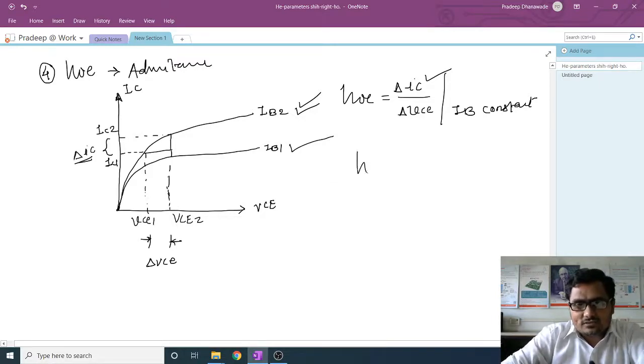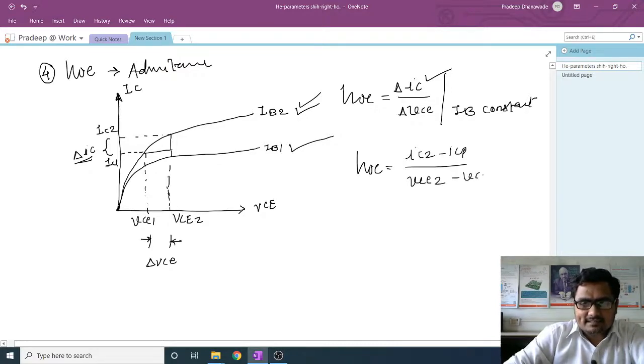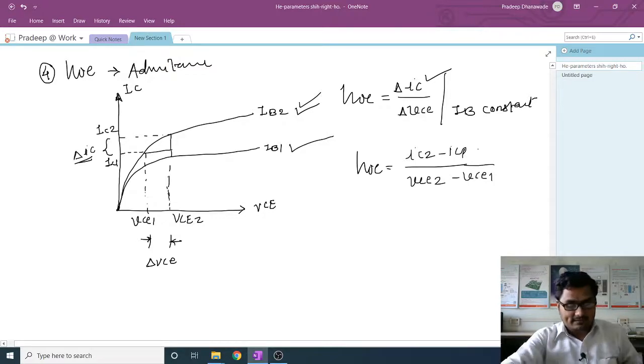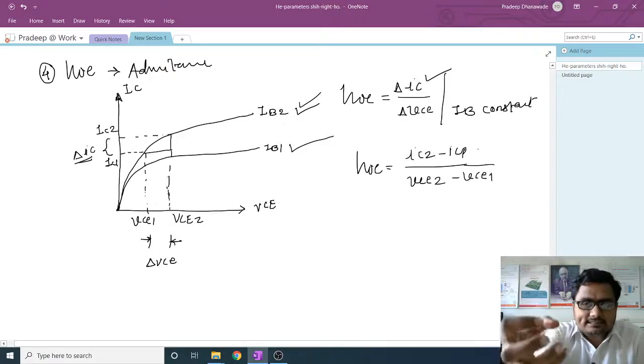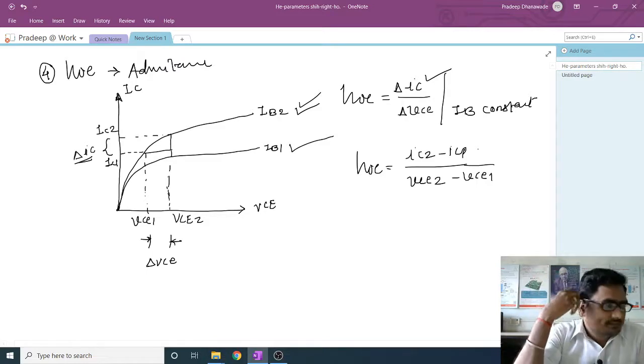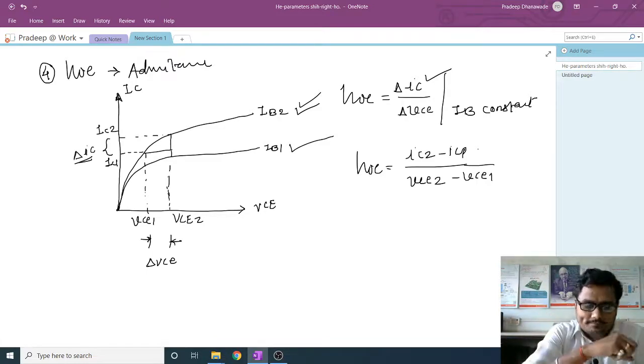So how can I write HOE then? HOE can be IC2 minus IC1 divided by VCE2 minus VCE1. So you have to plot a graph and take the slope of any graph, and you will get the value of HOE.